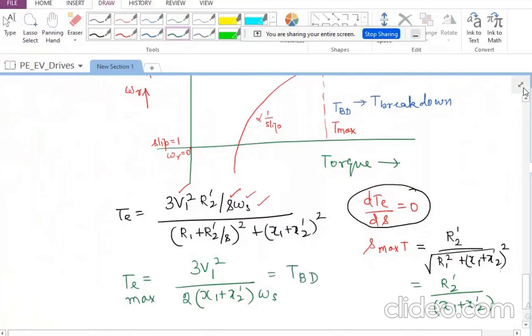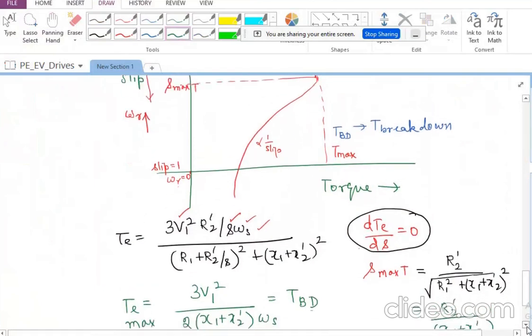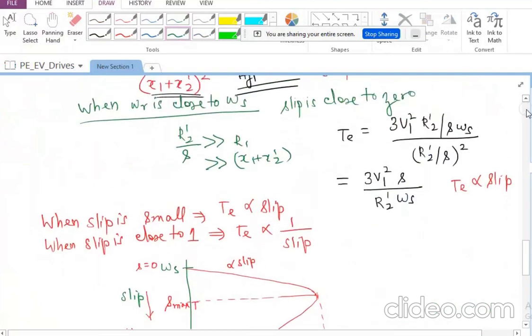So what you see normally in an induction motor is that it will be able to generate a maximum torque of TBD, and the normal operating slip of the induction motor at rated condition or full load condition will be approximately 0.02 to 0.04.